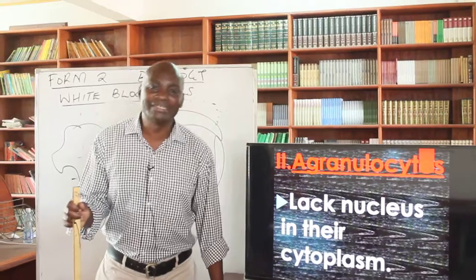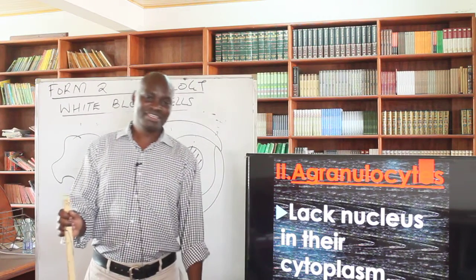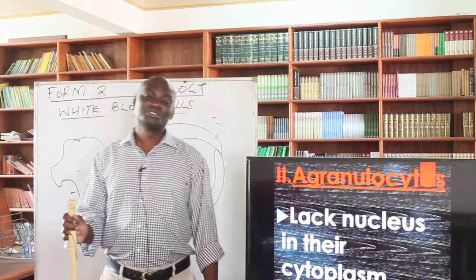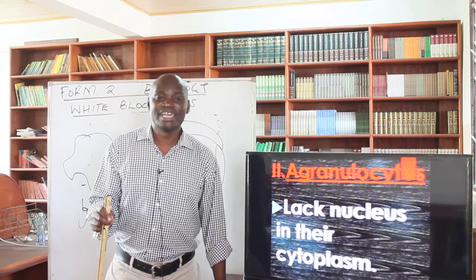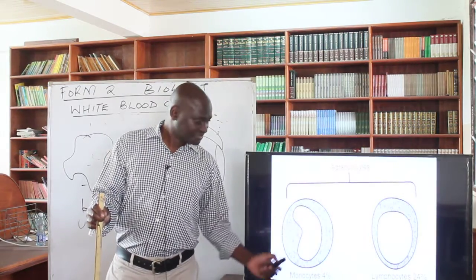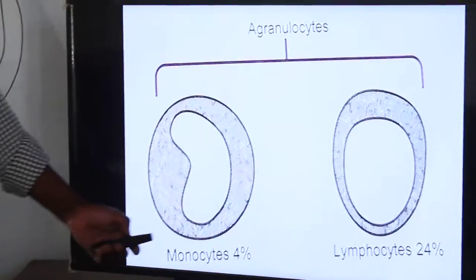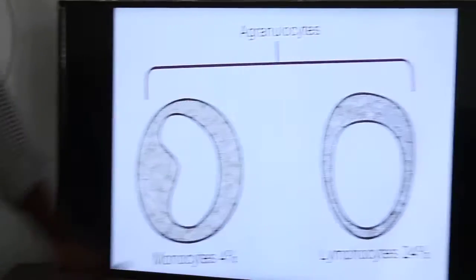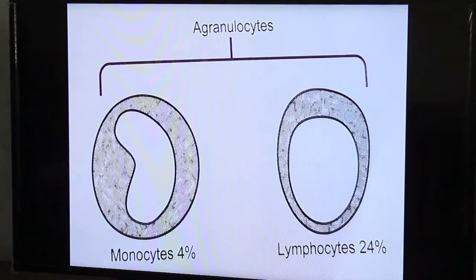Now we are looking at agranulocytes. They lack granules in their cytoplasm, so they do not have those round structures in there. And you can see agranulocytes are of 2 types. We have the monocytes, which only form 4%, and then we have the lymphocytes.